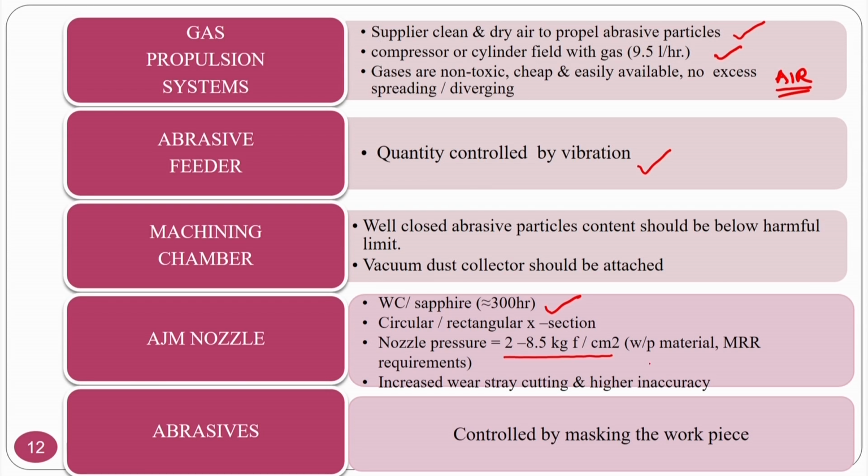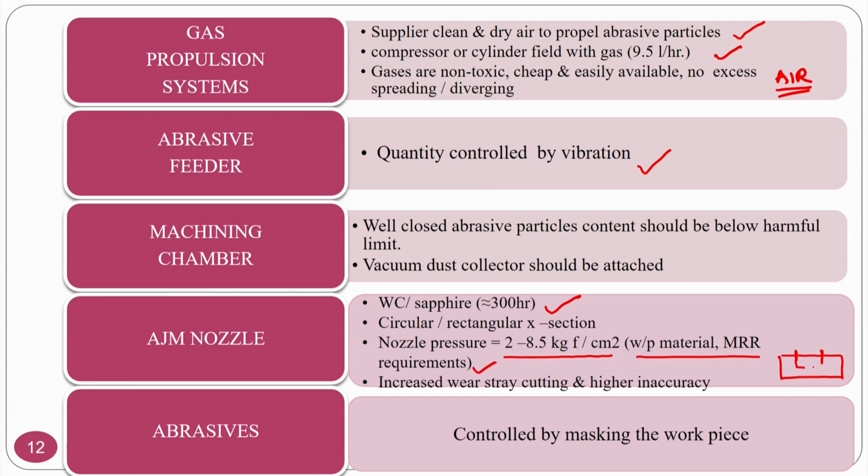When the workpiece material and MRR requirements are very high, you have to go for very high pressures, which causes increased wear, stray cutting and high inaccuracy. If you go for very high pressure and high stand-off distance, what will happen? Stray cutting. Assume this is the workpiece and my requirement is cutting only in this section.